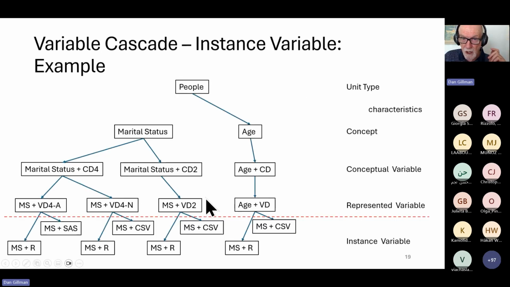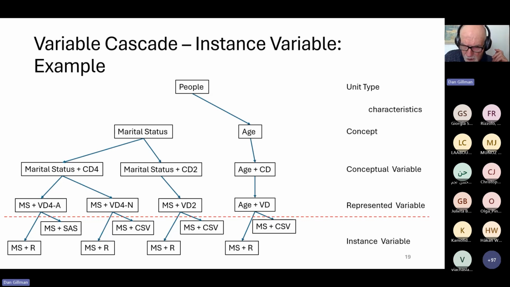Again, in a far more complicated way, we see below the red line the possible instance variables for each of the represented variables just above the dotted red line. For each instance variable I have included a possible usage type. So we'd have a different instance variable each time we have a different way of representing the data.